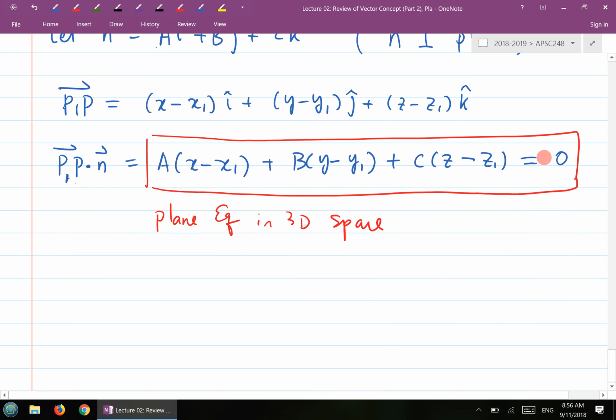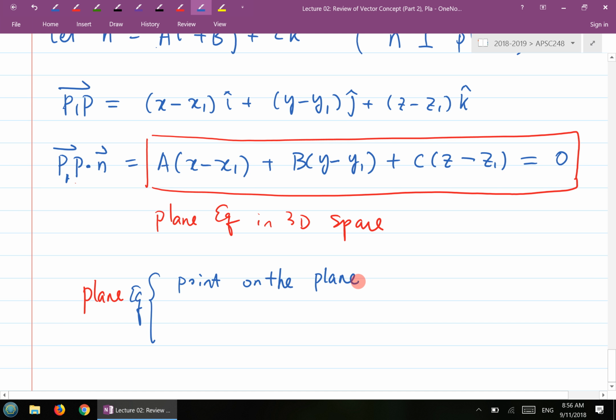So here are the two pieces of information which I have just mentioned. For a plane equation, what you need is a point on the plane. When you're deriving for a plane, how many available points do you have on the plane?